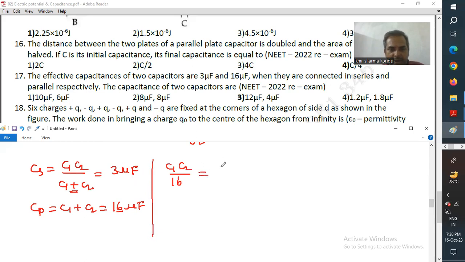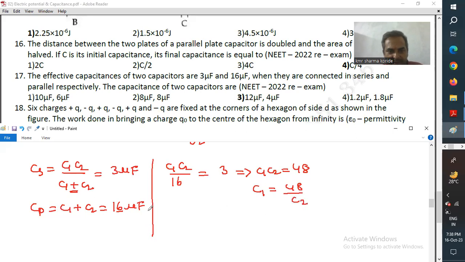Microfarad you write afterwards. So C1 C2 is equal to 16 times 3, which is 48. Let us write that. You can say that C1 is equal to 48 by C2.